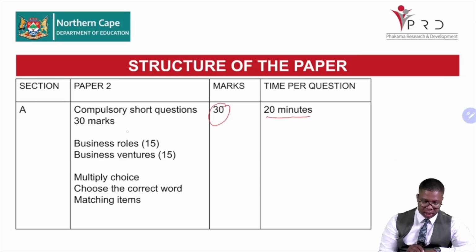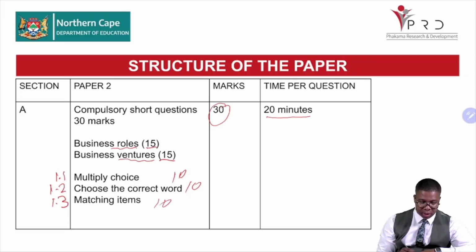You will have 2 main topics: business roles and business ventures, which will be allocated 15 marks each in section A. Then you'll have 1.1, and 1.2 together with 1.3, and each is allocated 10, 10, 10. That's how you are going to be assessed for section A. What is very important is that these are compulsory short questions, meaning everything is compulsory.